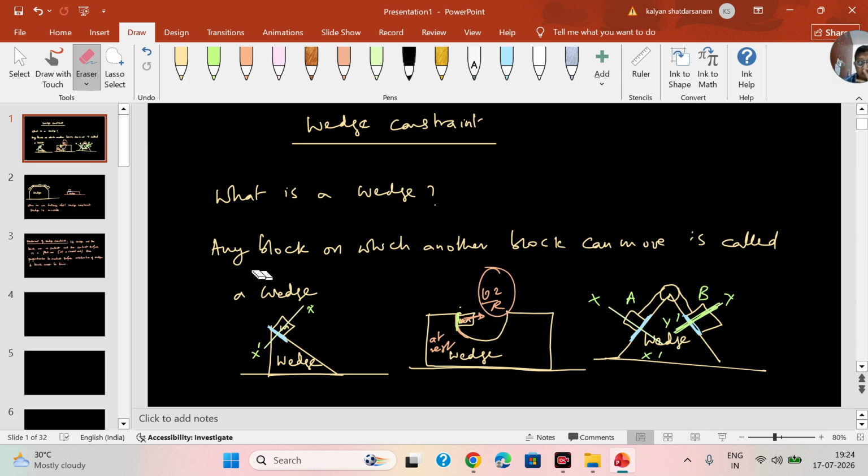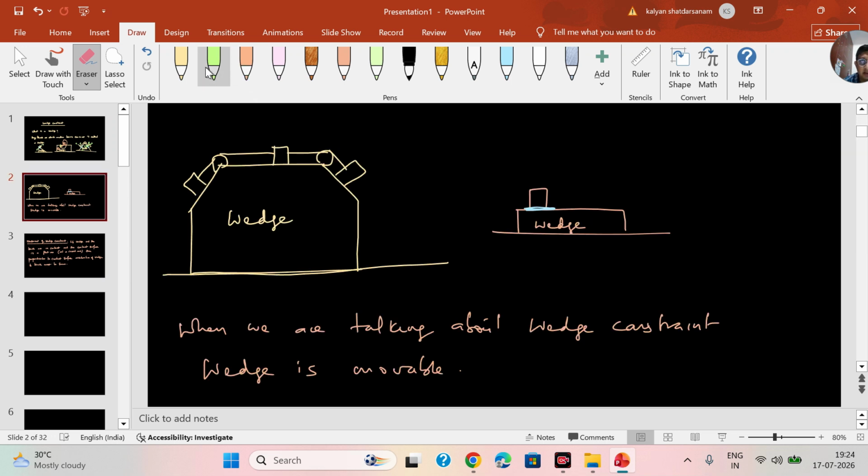Okay, so far so good. Now, what about the next example here? Suppose I call these blocks A, B, and C, then this is my contact surface. So, if wedge and block are to remain in contact, then in this direction, acceleration of wedge and block must be same.